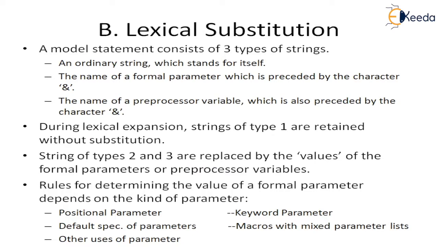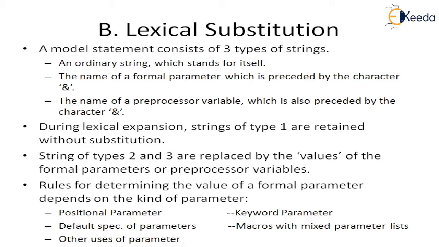The second type is lexical substitution. Under lexical substitution, there are three types of strings present in the model statement. The first is the ordinary string, which stands for itself. The second is the formal parameter, preceded by the character &. The third is the preprocessor variable, which is also preceded by the character &. During lexical expansion, strings of type 1 are written without substitution.